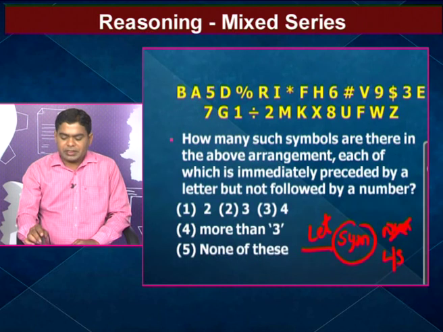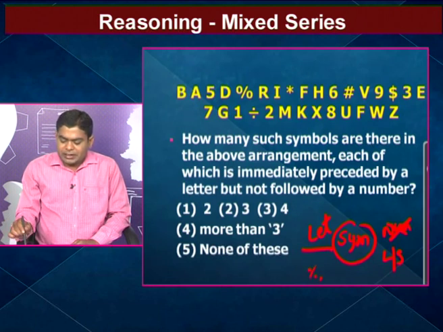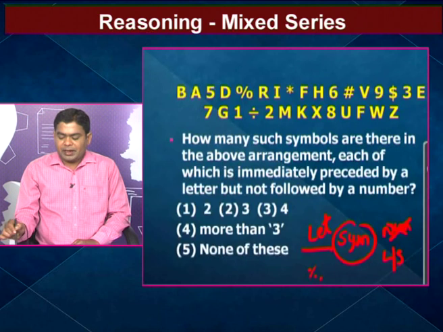So here the symbol's left side is a letter and the right side is a letter, not a number, that's why we count percentage. Here percentage is one symbol that satisfies the given condition.